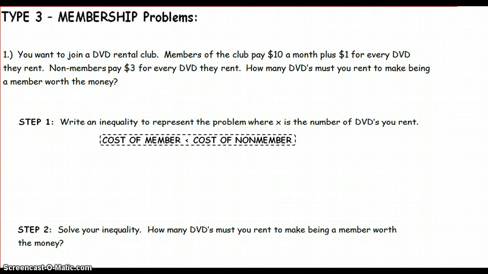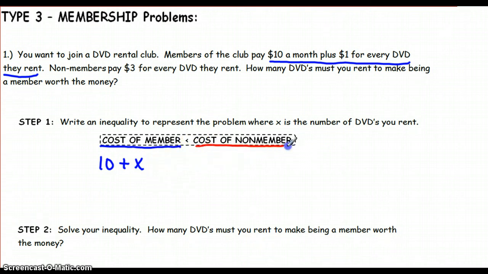So first let's focus on the cost of the member. In the second sentence, it says members of the club pay $10 a month plus $1 for every DVD they rent. So we can write that as an inequality. So that's going to go under cost of member. It's $10 plus $1 for each DVD they rent. Now we don't have to write 1, we can just write plus X. Now we're going to look at the cost of our non-members.